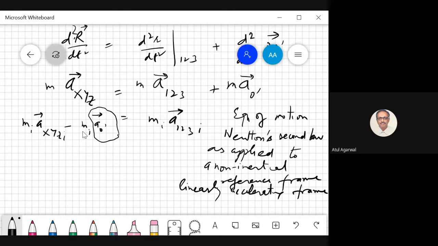Any doubt? If I sum it over all the particles, not a problem. So what do I get?